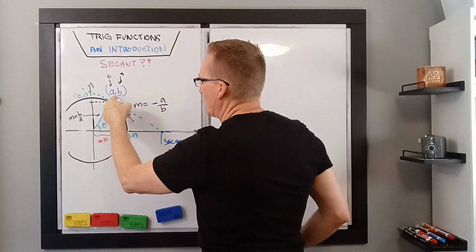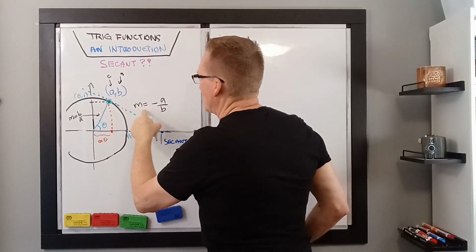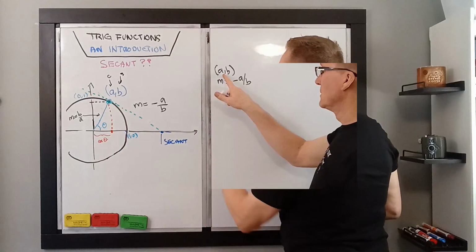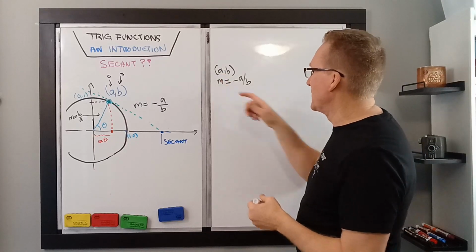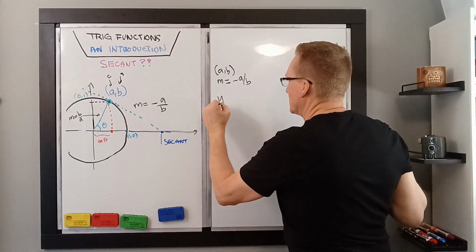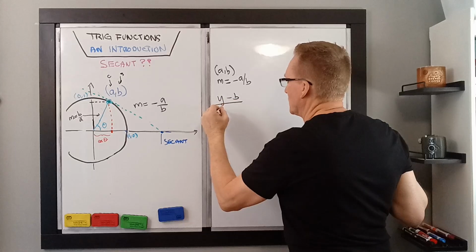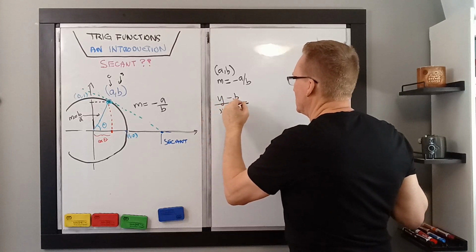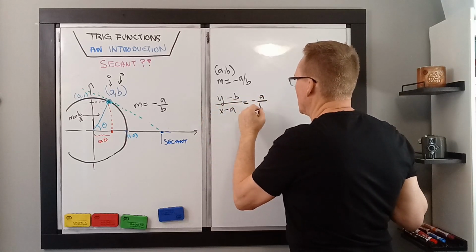So that's the slope of this line. We have a specific point, (a, b), and we have a slope. So let's do the calculation of the line. So the point is (a, b), the slope is negative a over b. We go like this: y minus b over x minus a is equal to negative a over b.